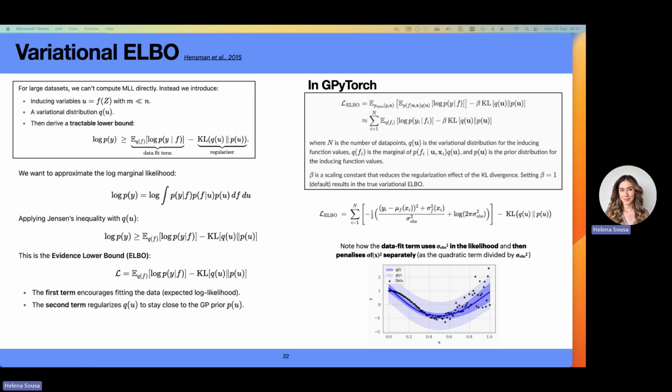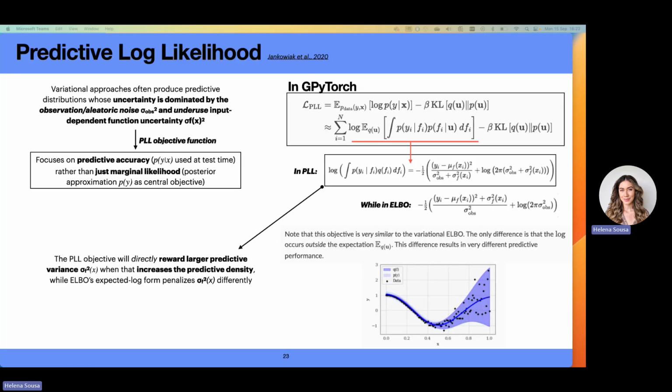To try to address this problem, another objective function was introduced, which is the predictive log likelihood that I'm going to talk about now. This objective function is different in the sense that it focuses on predictive accuracy rather than just maximizing a lower bound of the marginal log likelihood as ELBO does.